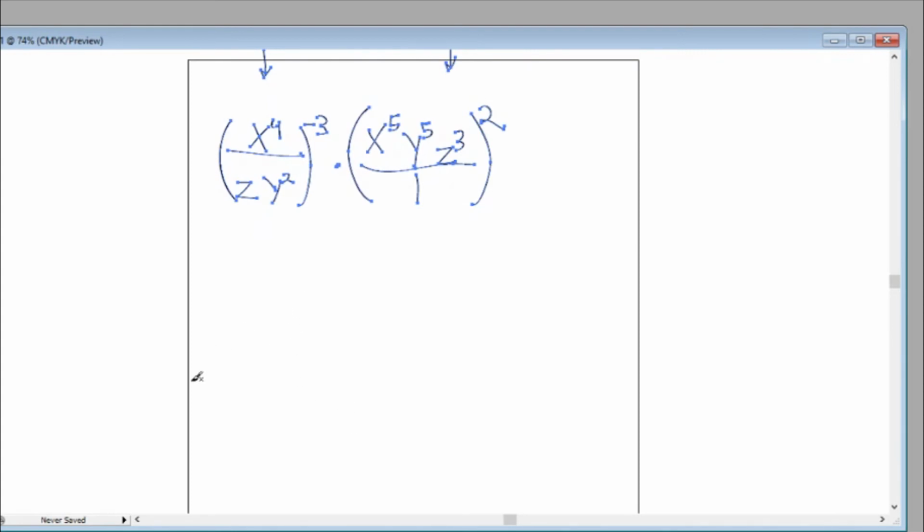So, now that we've done the things inside of our parentheses, we need to do our exponents. So let's go ahead and do those exponents. First things first, this first set of parentheses has a negative exponent on the outside, so we're going to need to flip everything and then raise it to the 3rd. So this is going to flip.